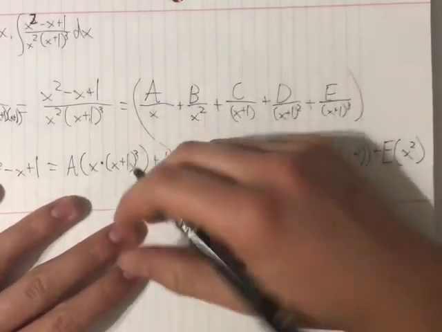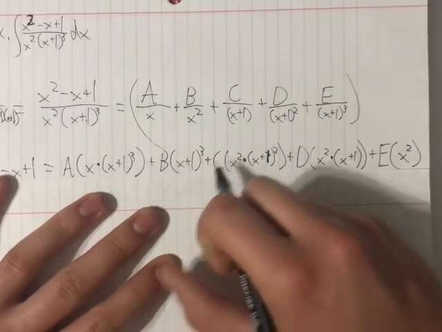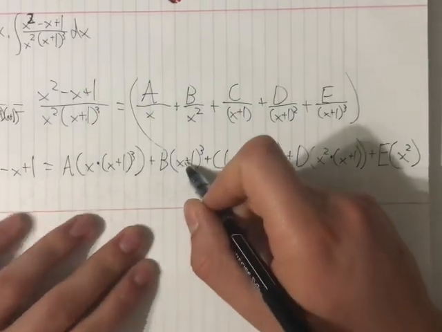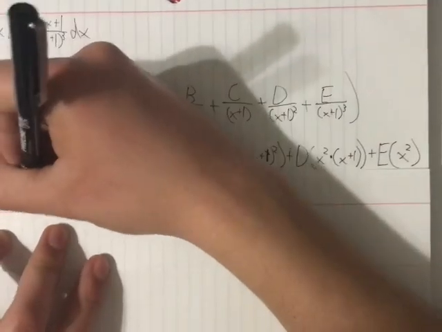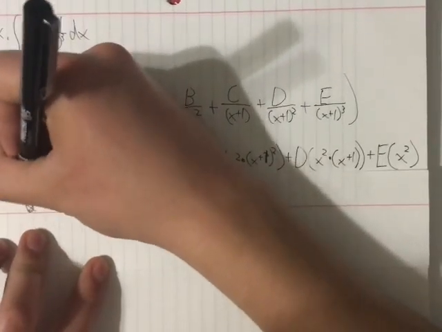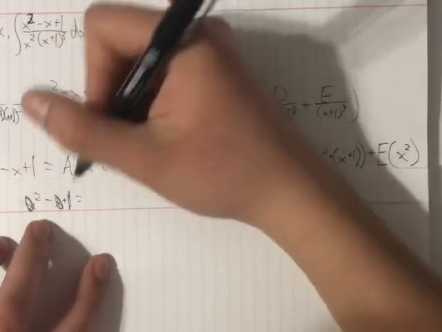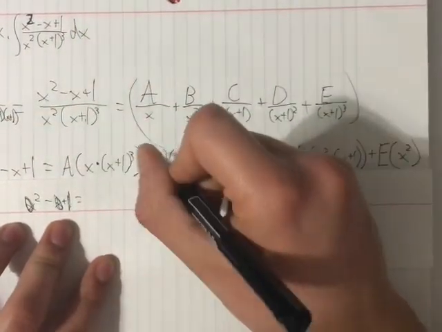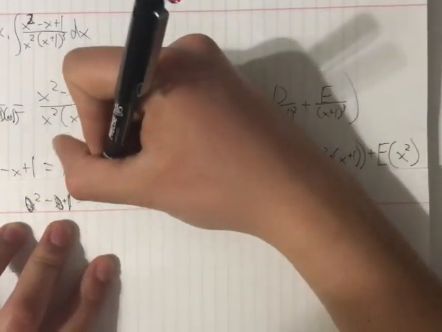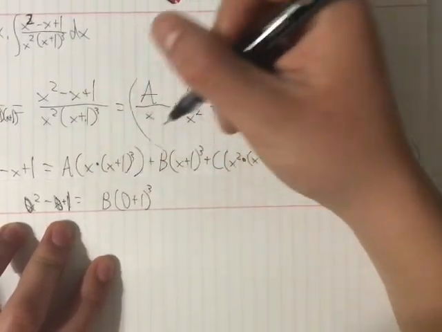So now that we have our equation, if we plug in a 0, then everything other than b will disappear. So we will have x squared minus x plus 1, or 0 squared minus 0 plus 1, will equal a, which will just go to 0, and then we have b here, and we'll have 0 plus 1 cubed.